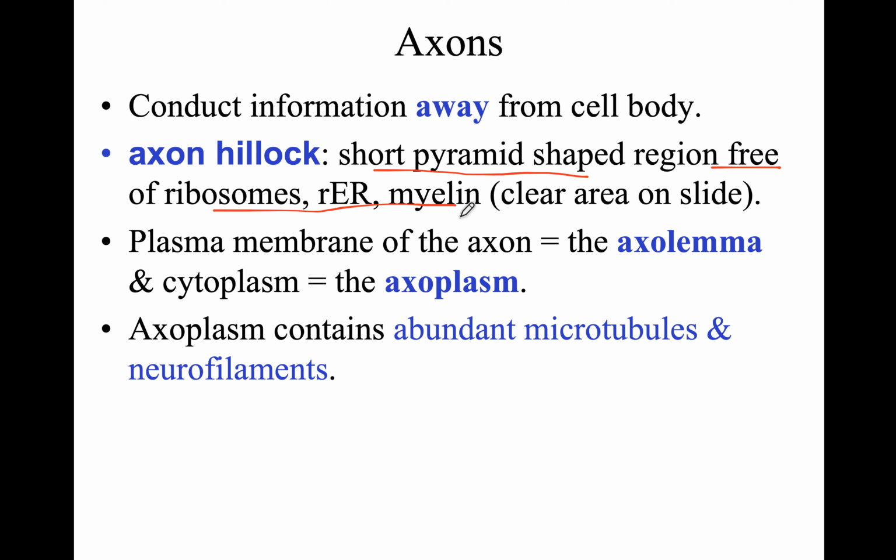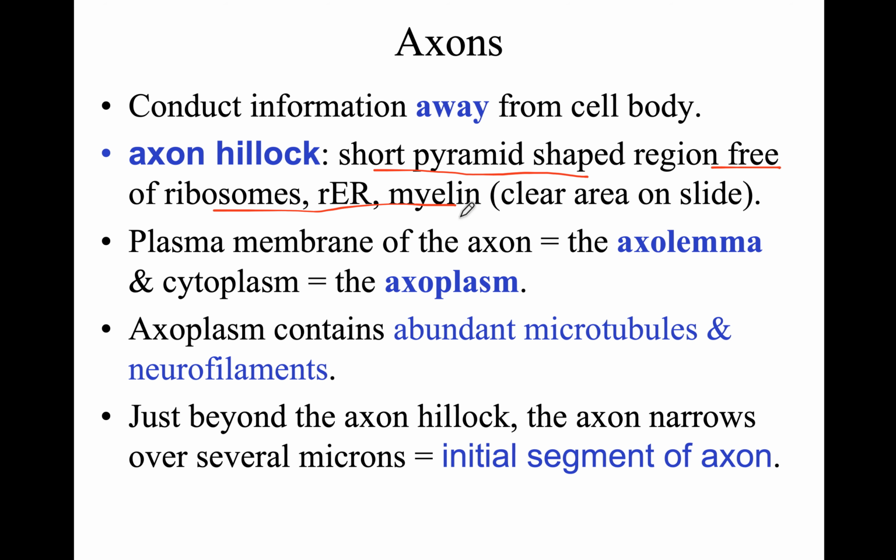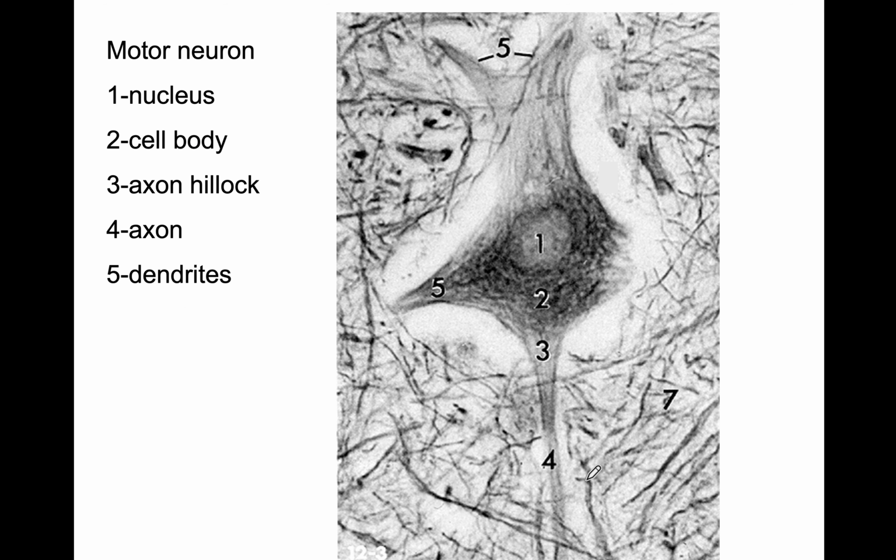The plasma membrane of the axon is called the axolemma, whereas the cytoplasm is called the axoplasm. As I said, the axoplasm contains abundant microtubules and neurofilaments, which are concerned with the cytoskeleton and the transport inside the axons. The area just below the axon hillock is called the initial segment of the axon, and this is where the action potential starts.